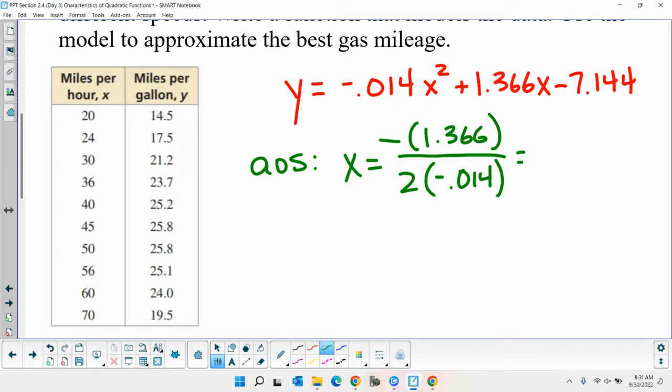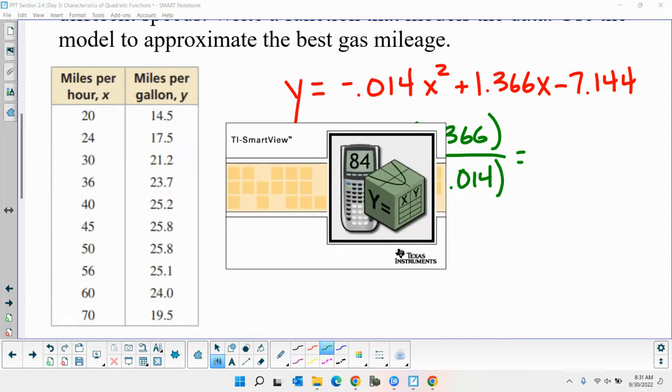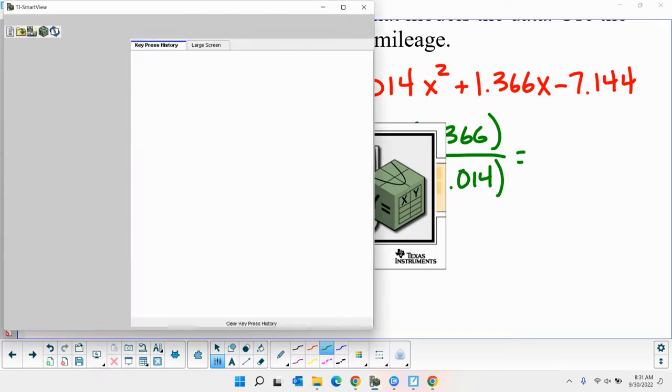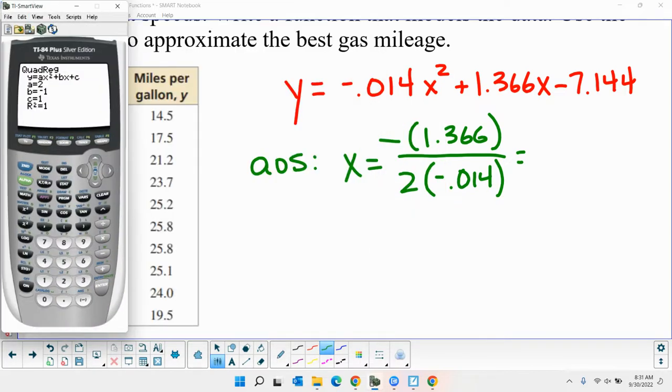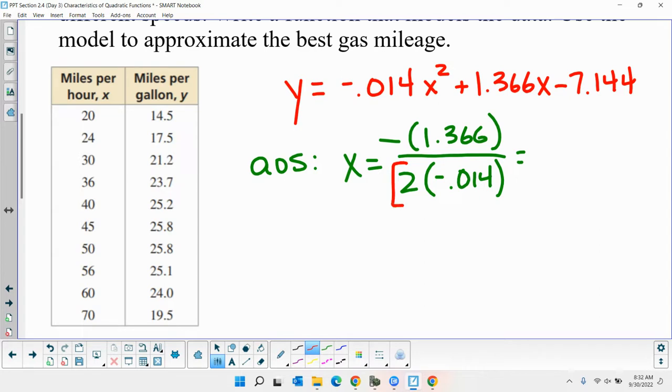All right? So if we put that in our calculator, there it goes. All right, so I got a negative 1.366 divided by, and when you put this in your calculator, if you don't put this part in parentheses, what it does is it divides by 2 and then multiplies by that.